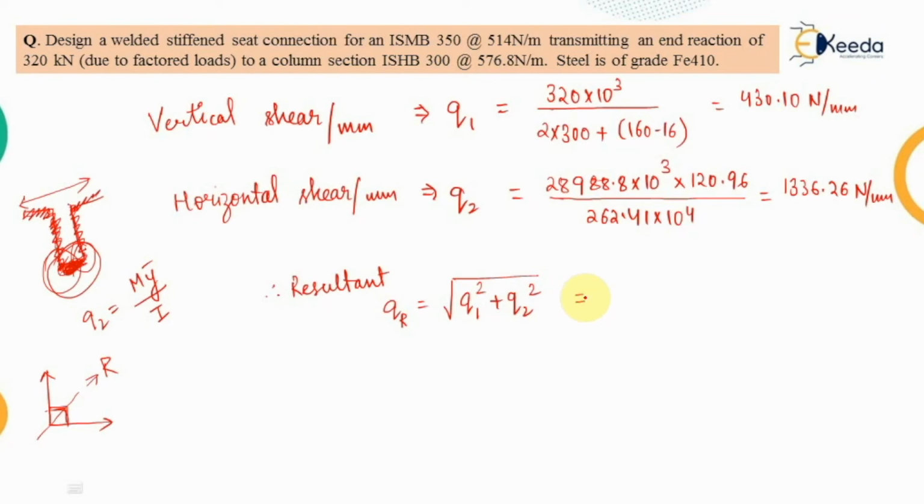And from here if we place this Q1 and Q2 value, that is 430.10 squared plus 1336.26 squared, and take the square root of these values, that comes out to be 1403.7 Newton per millimeter. Now we need to equate this resultant with the actual capacity of the weld. That means how much capacity the weld has.